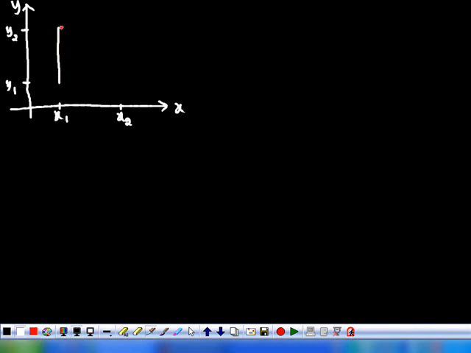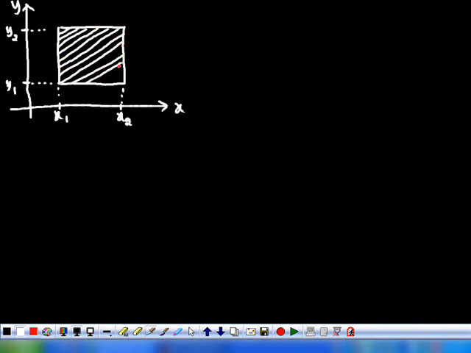Then the joint event is the rectangular box, the region in which both the conditions are satisfied. So this is the region of interest. We have to find the probability of this event.